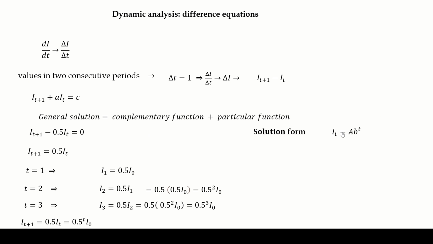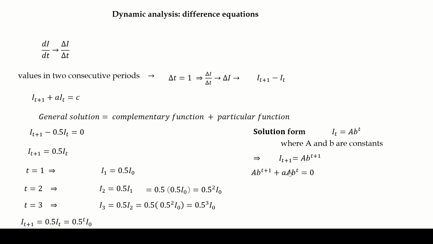So we will try this solution method over here. If I_t equals A b^t, then I_{t+1} would be A b raised to the power t plus 1. When I substitute these values in this general equation, where I would assume c equals 0, I get this expression.